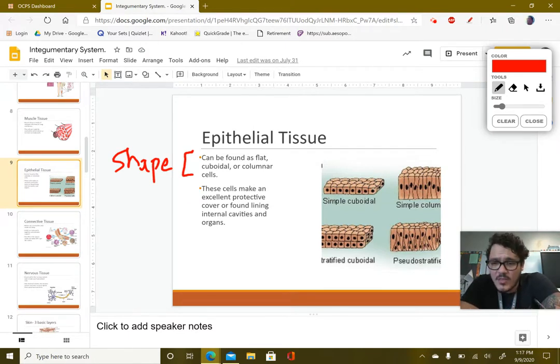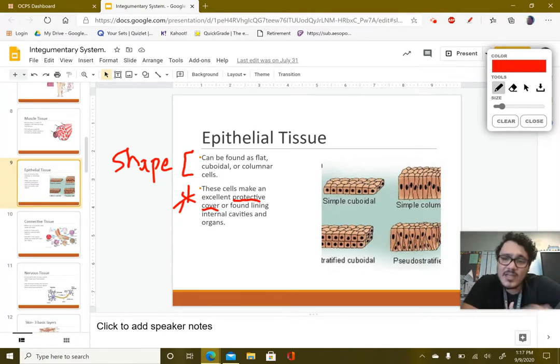Now, the purpose of epithelial tissue is what we really need to pay attention to. The purpose of epithelial tissue is going to be an excellent protective covering. So I'm going to try to underline that for us to the best that I can. And not only is it found on the outside, because your skin, more specifically the epidermis, the outer layer of skin, is considered epithelial, but you also find it internally too, because it lines the internal cavities and organs.